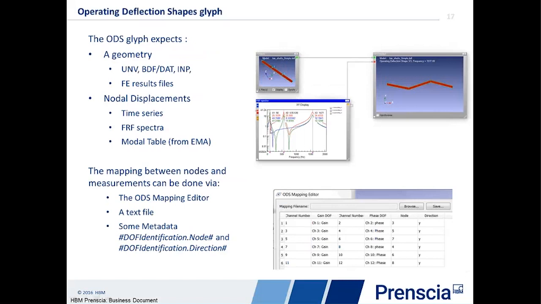Then we need some displacement to animate the model with, either as time series or FRF spectra, or a modal table given from the experimental modal analysis glyph. So those are the modal coefficients. But basically, once you have, for instance, time series, you need to associate the various time series to the various nodes that you've got in your geometry, right? And this is done via a mapping. So we've got a mapping editor here, where you say, well, channel 1 is the gain, channel 2 is the phase, and those 2 channels will be associated with this node number in this direction.